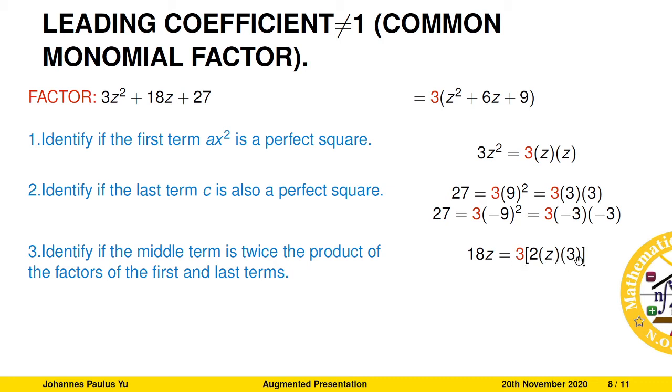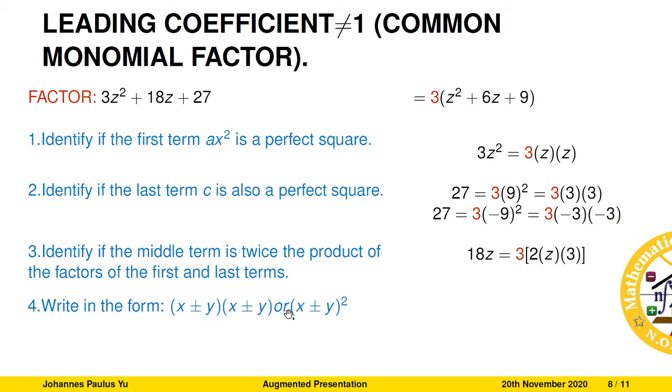So inside the bracket, 2 times z times 3 is equal to 6z. And then times 3 brings us back to 18z. So there is no other.